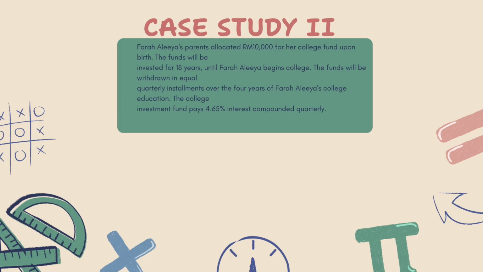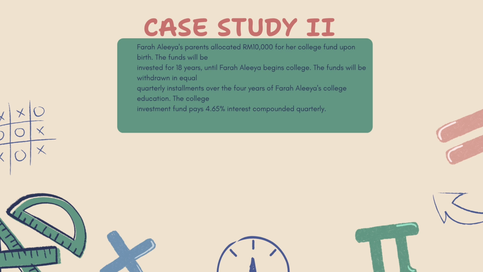Case study 2. Chapter 4, Annuity. Farah Alia's parents allocated 10,000 ringgit for her college fund. The funds will be invested for 18 years until Farah Alia begins college.